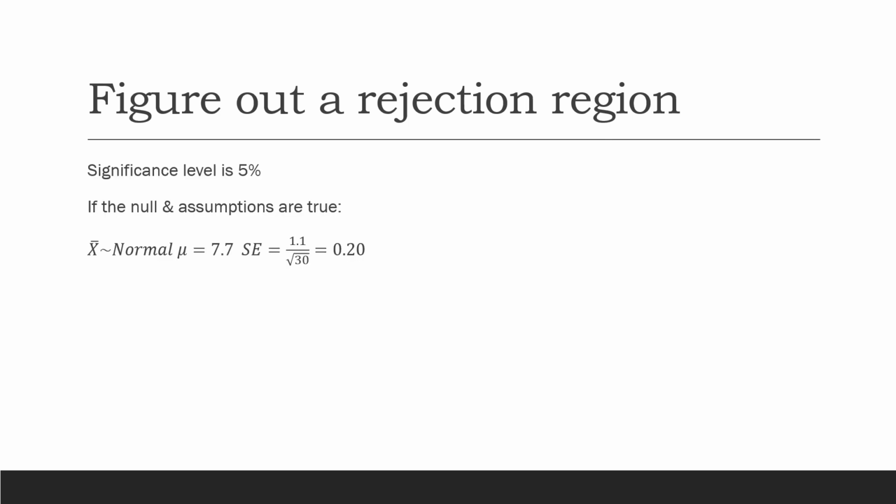Next, I'm going to figure out a rejection region. My significance level is 5%, and my sampling distribution is normal, with a mean of 7.7 pounds and a standard deviation of 0.2 pounds. That means if my p-value is less than 5%, I'll reject the null hypothesis.